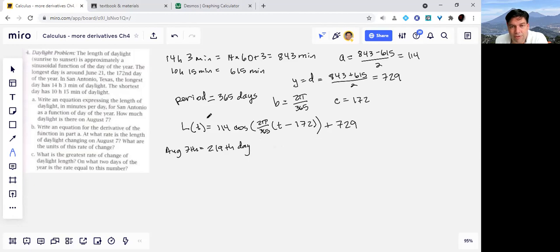So to find out how much daylight there is, I just have to say what's L of 219. So substitute 219 here and get that on the calculator. 114 cosine from 219 minus 172.